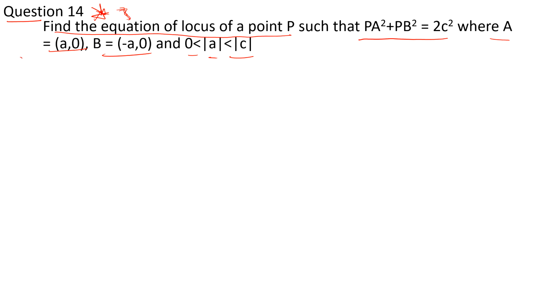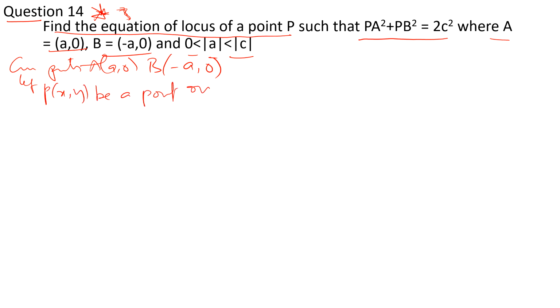So here let's see. The given points are A comma 0 and B is minus A comma 0, and let P of x comma y be a point on locus. So what is the given condition here?